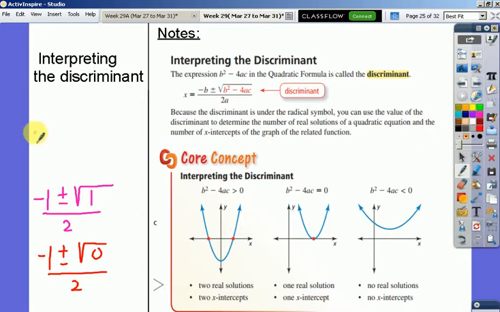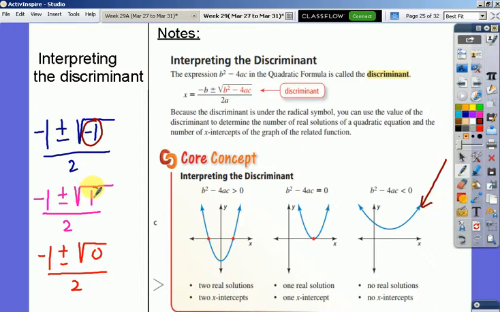We have -1 plus or minus the square root of -1 over 2. So all we really need to focus on is the inside of the radical. What does that tell me about the solutions? They're not real, right? They're not real solutions, meaning that this is what the parabola looks like. Does that make sense? So you can determine right away, you don't have to look at the quadratic formula in its entirety, just the b squared minus 4ac part, to know the number of solutions it's going to have.